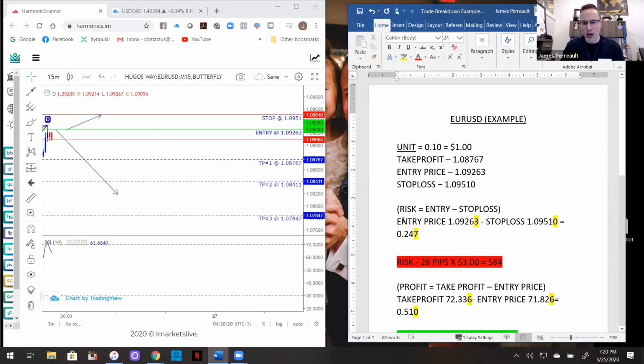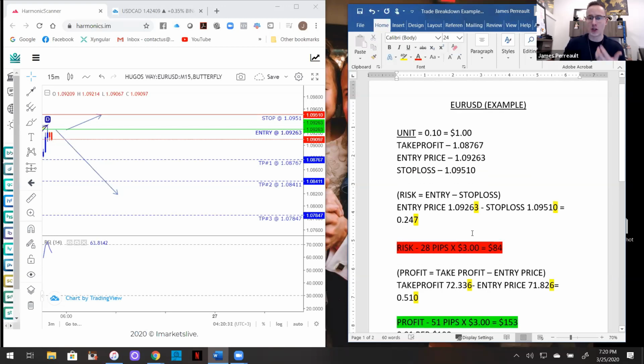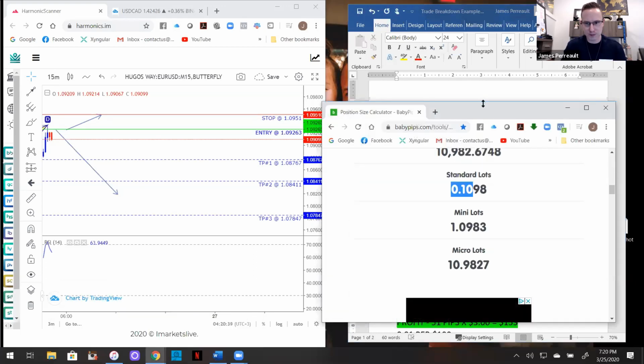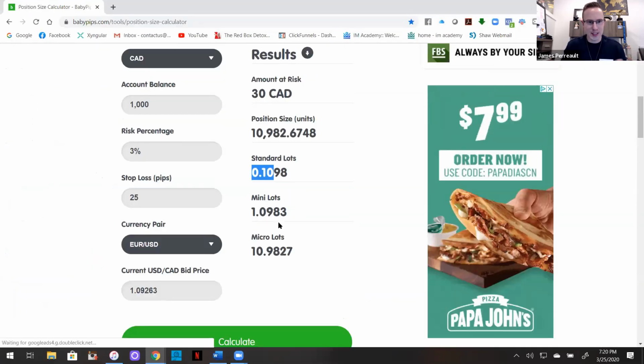So we know our risk is actually, we said 25 pips in the other one, I think it rounded up, but literally 24 pips is the risk for this trade. Okay. Now, again, how much is that in terms of a dollar amount? We did this same calculation using the baby pips calculator.